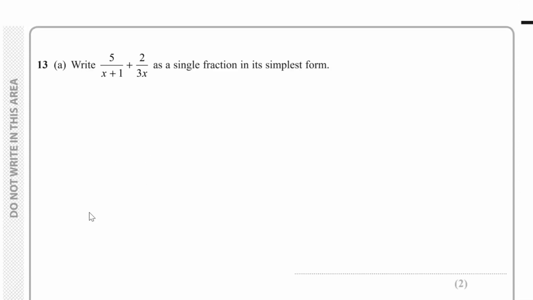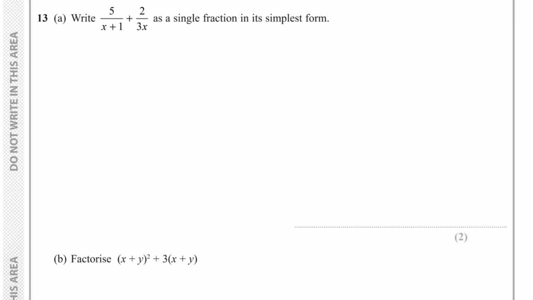Okay, so now for question number 13 part A, we have to write 5 over x plus 1 plus 2 over 3x as a single fraction in its simplest form. Well, what we can do here is cross multiply.